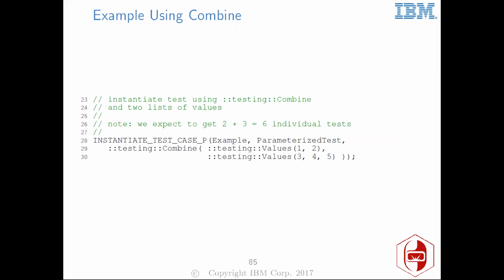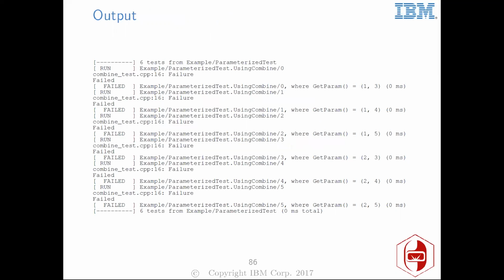Notice that first, we specify for combine a list of 2 input values and then a list of 3 input values. Doing some very complicated and advanced mathematics, we can conclude that this will produce 2 times 3, being 6, individual input values for the different tests, meaning 6 different tests should be produced.